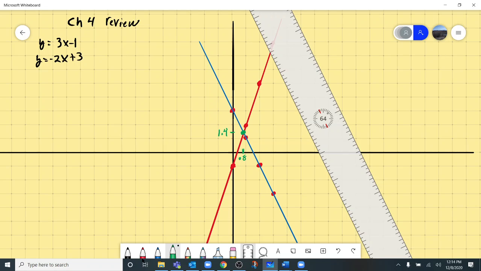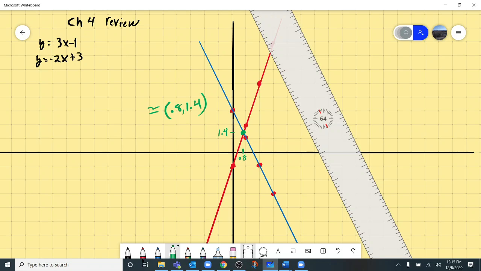Anyway, that would be an approximate solution, right, that we get from graphing it, because it doesn't land directly on a point, and so we can't necessarily tell what it would be from graphing it. So we would say the solution is approximately 0.8, 1.4.